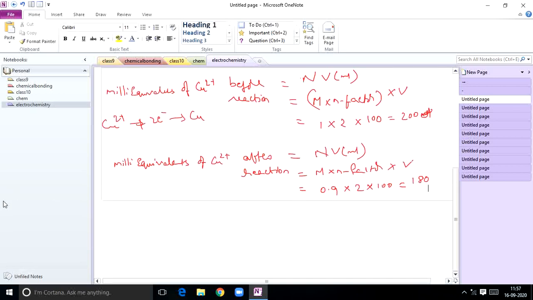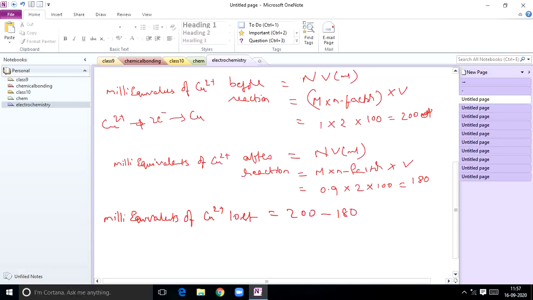Next, milliequivalents of Cu2+ lost is equal to, you have to take 200 minus 180, 20. Milliequivalents of Cu2+ lost is equal to 20.